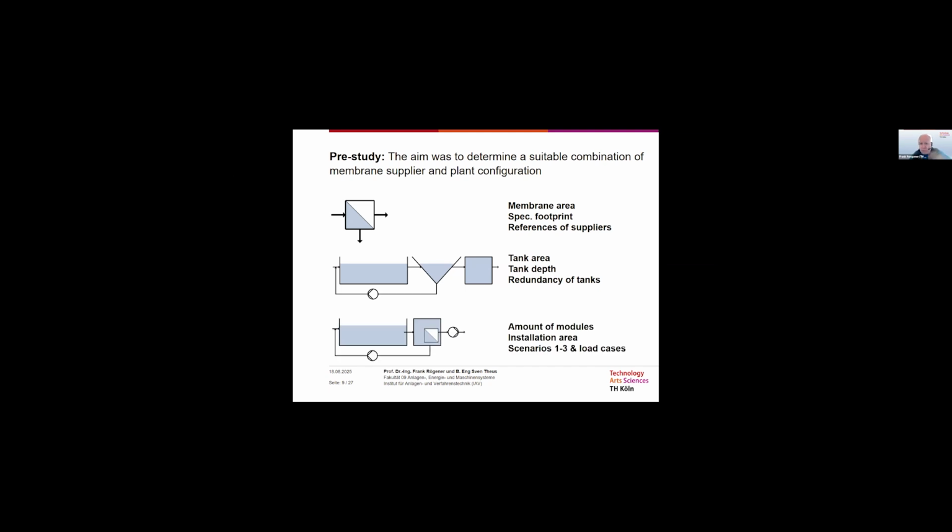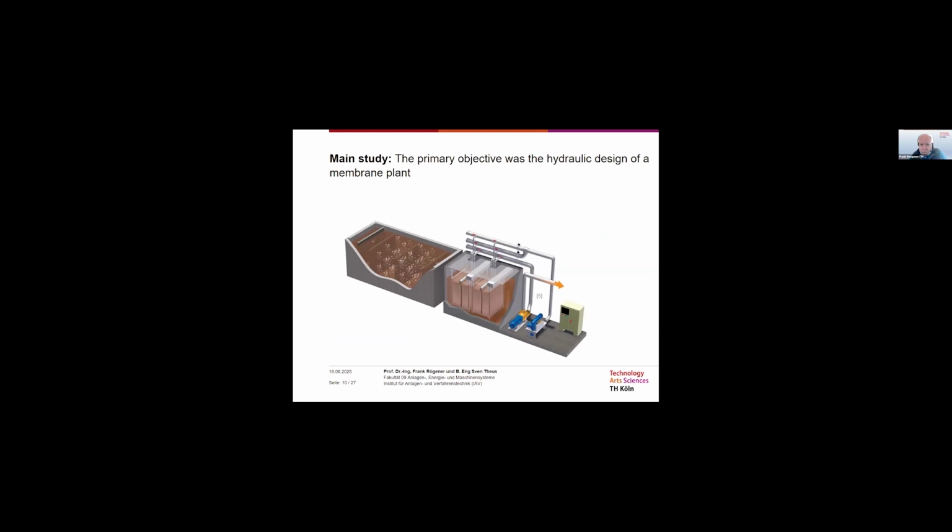Both things together helped us to have a look at the amount of modules that can be installed and compare them to the required amount of modules. We looked at the installation area and calculated the different scenarios.